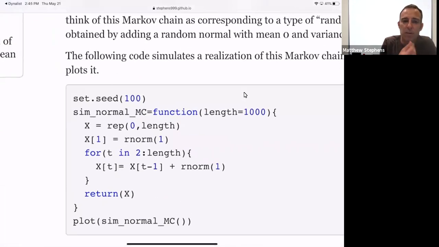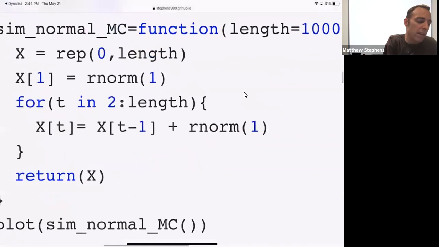We just, x is going to be just a vector of length, in this case, 1,000. And then the first element is just a random normal, and then each time I just add another random normal to it, right? x_t equals x_{t-1} plus a random normal.